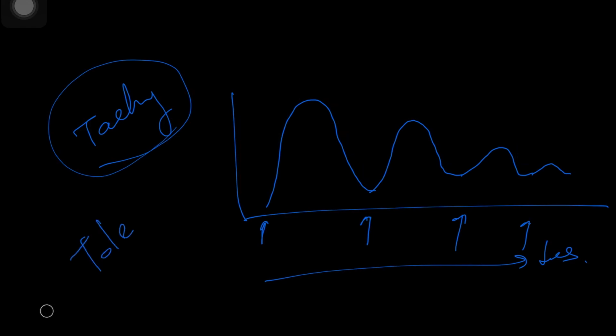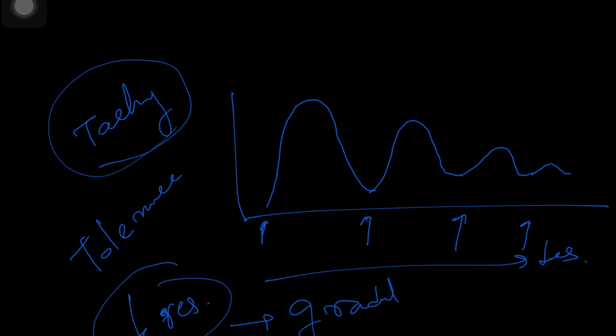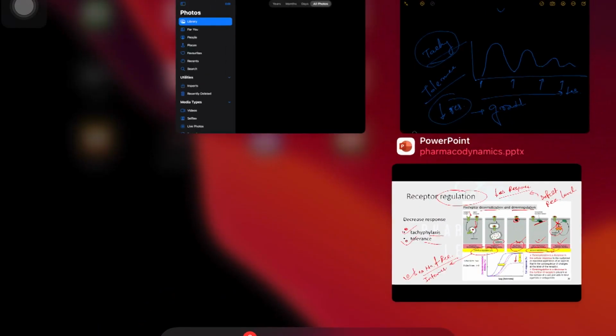While in tolerance, there is a decrease in the response, but this process is gradual over a longer period of time. So if over a longer period of time the response decreases, that is called tolerance, and if there is a quick decrease in the response, that is called tachyphylaxis. What is the mechanism of tachyphylaxis and tolerance, we'll discuss later on.